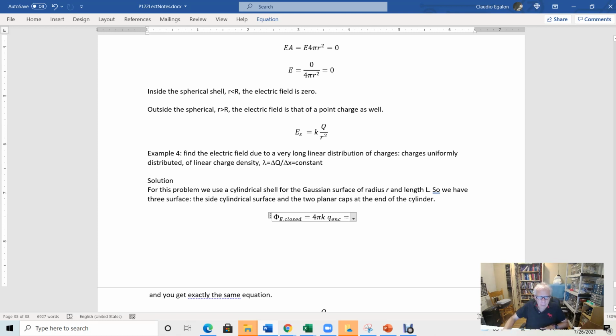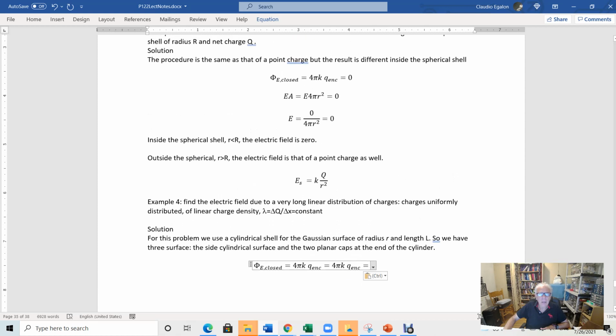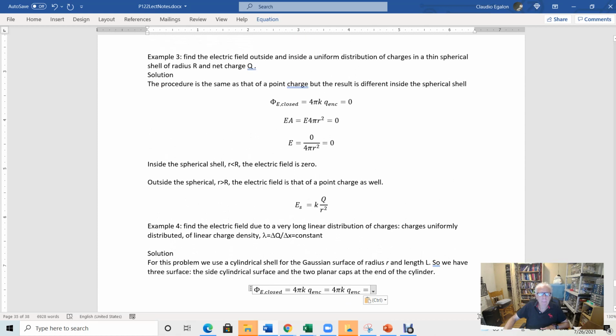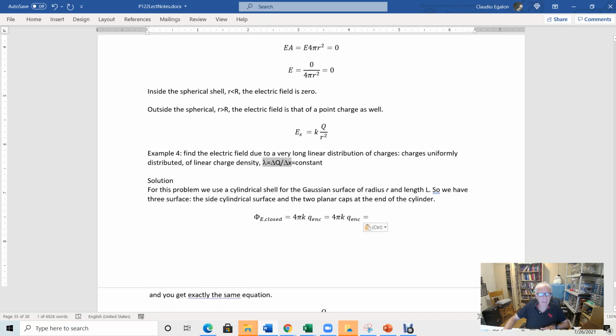My Q enclosed in this case is going to be given, just look back at my lambda right in here. I know lambda, and the Q enclosed is going to be lambda times the length of the cylinder.